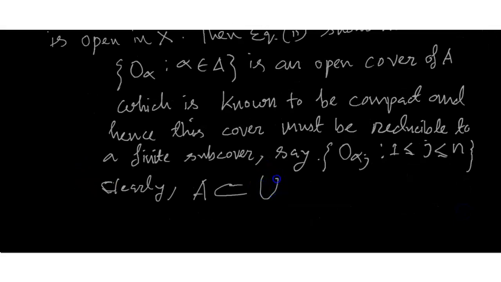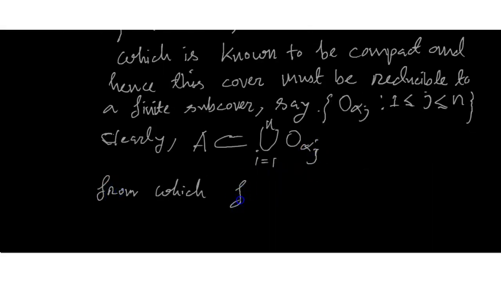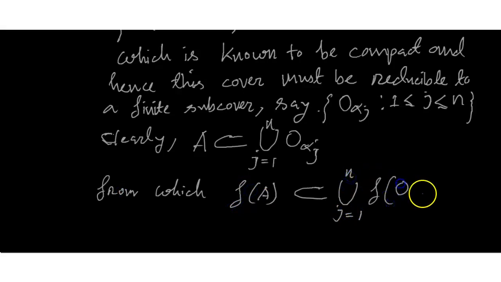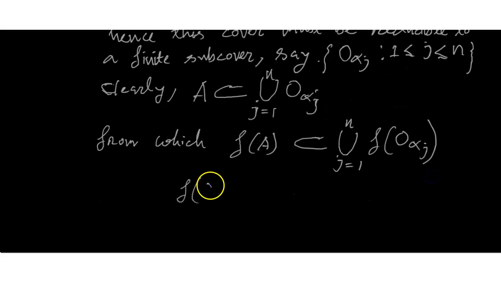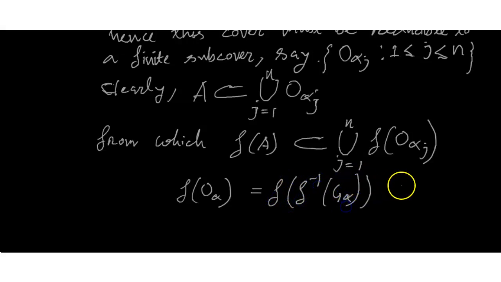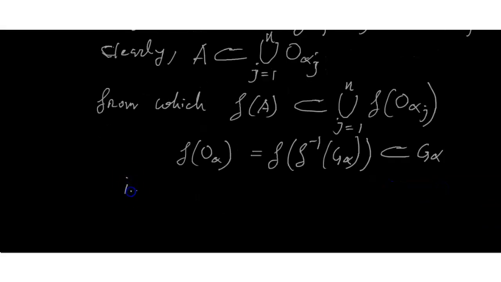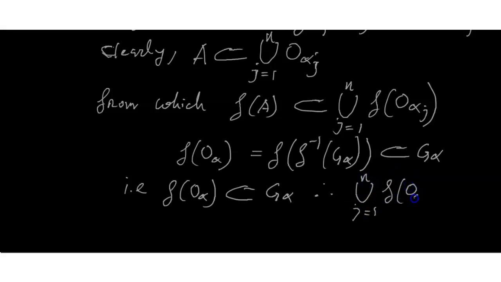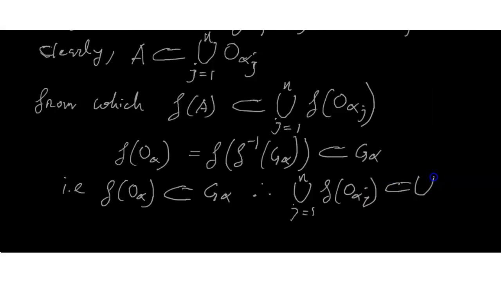Clearly A is a subset of the union over j equals 1 to n of O_alpha_j, from which f(A) is a subset of the union over j equals 1 to n of f(O_alpha_j). Since f(O_alpha) equals f(f inverse G_alpha) is a subset of G_alpha, that is f(O_alpha) is a subset of G_alpha, therefore the union over j equals 1 to n of f(O_alpha_j) is a subset of the union over 1 to n of G_alpha_i.